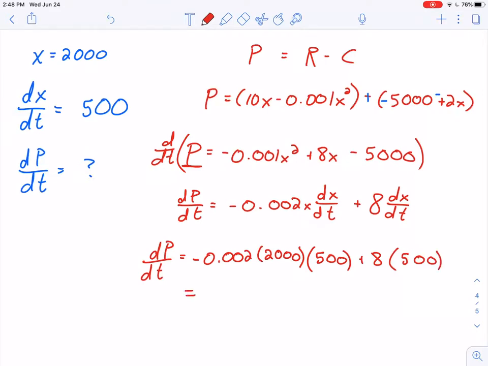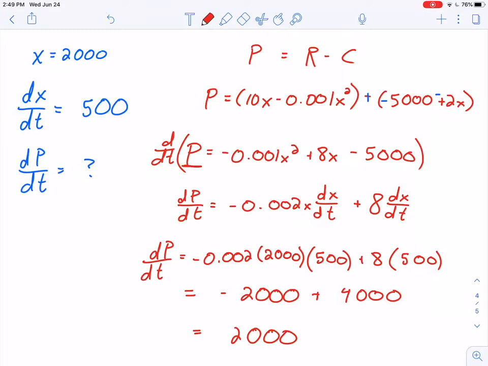So let me multiply this out because I just don't trust my mental math here. I've got negative 2,000 for the first term, plus 8 times 500, that gives me 4,000. So negative 2,000 plus 4,000, I have a total change of 2,000.